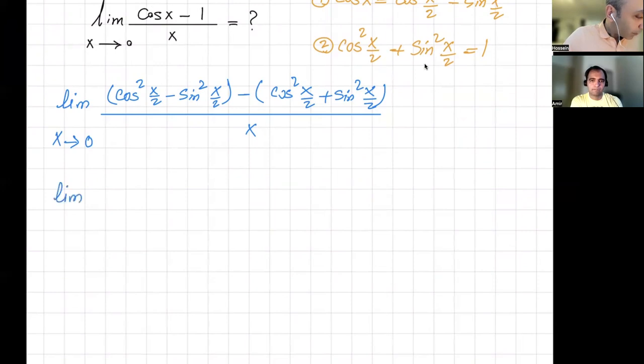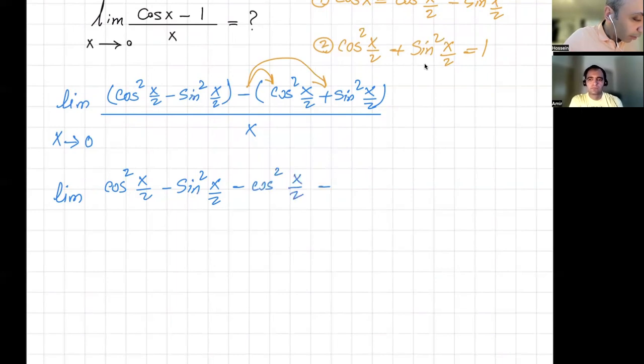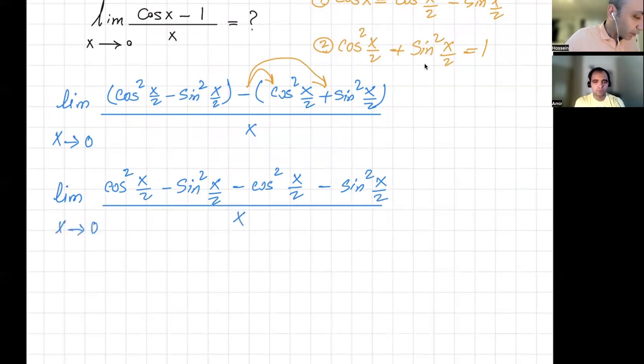If I rewrite that, it's going to be cosine squared of half x minus sine squared of half x, then minus cosine squared of half x minus sine squared of half x, and the whole numerator divided by x when x is approaching 0.